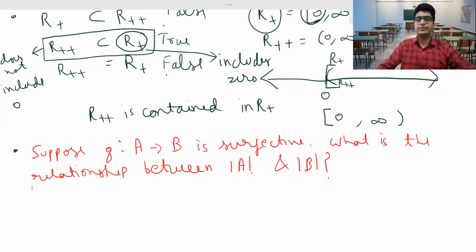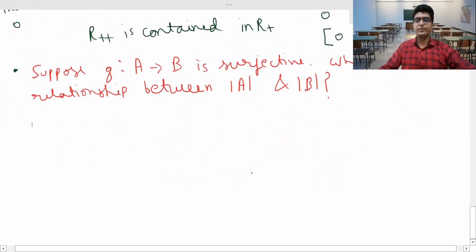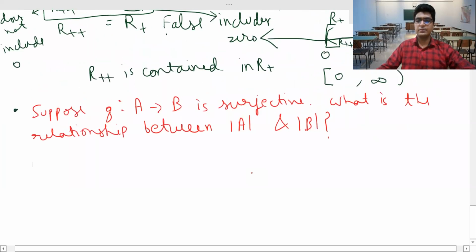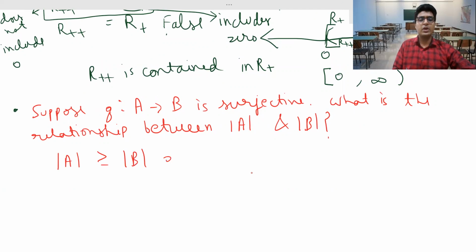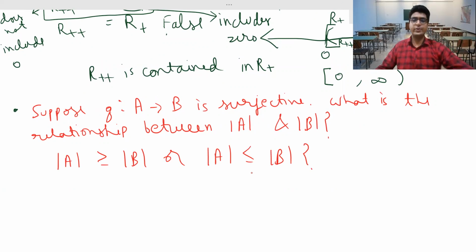That's the question. Should the number of elements in set A be more than or equal to the number of elements in set B, or less than or equal to the number of elements in set B? What should be true?